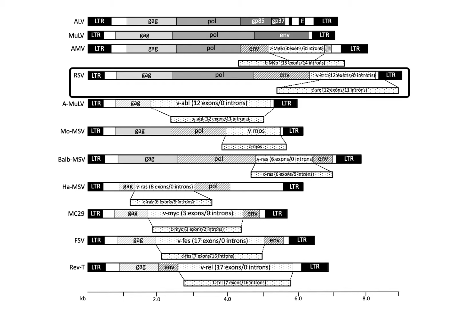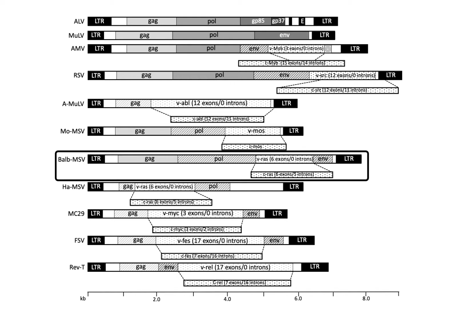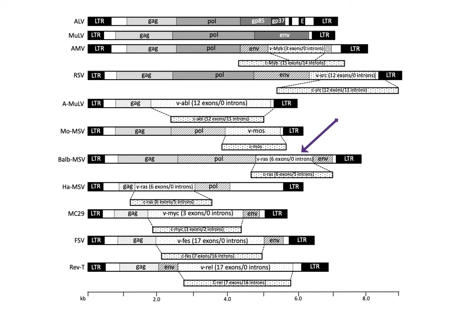So here's the one in the Rous sarcoma virus, RSV, which carries along with it a viral Src gene, which differs from the Src gene in the host, which has 12 exons and 11 introns. In the viral version, it has the 12 exons but no introns. And then there are other examples. Here's a BALB virus, which carries an aberrant version of the RAS gene, and then the RAS protein is aberrant in those infected cells.